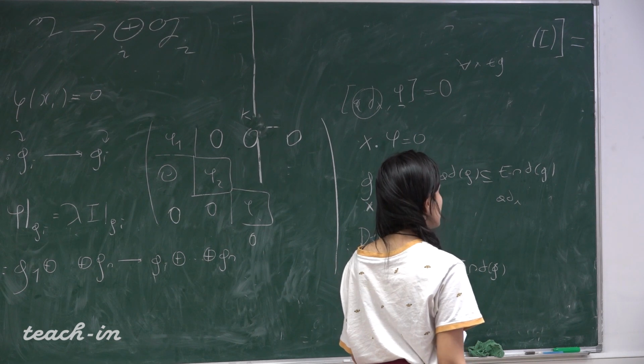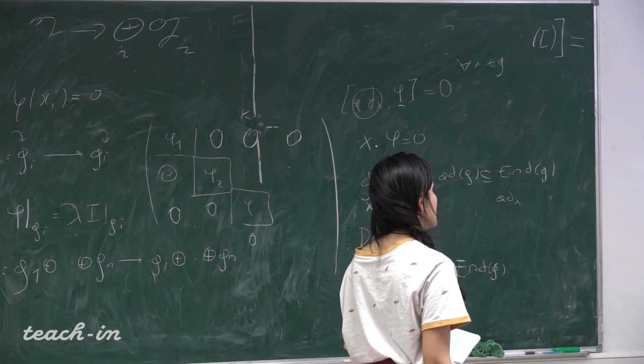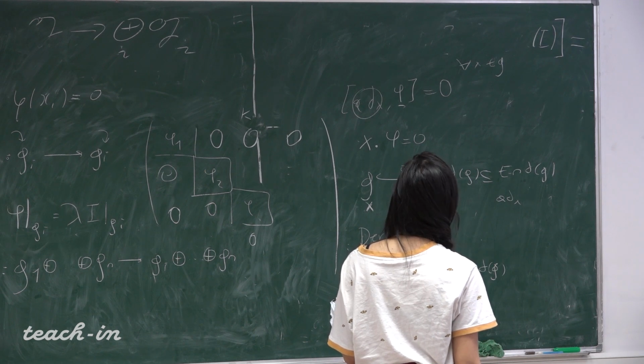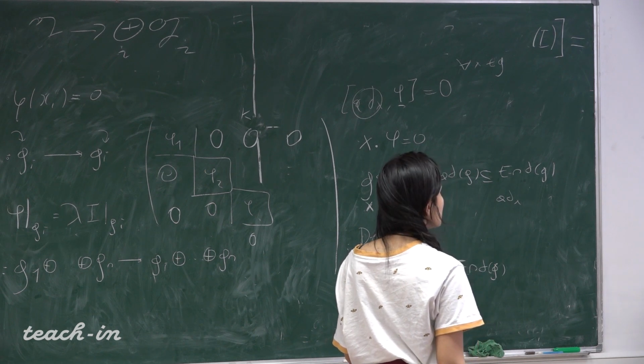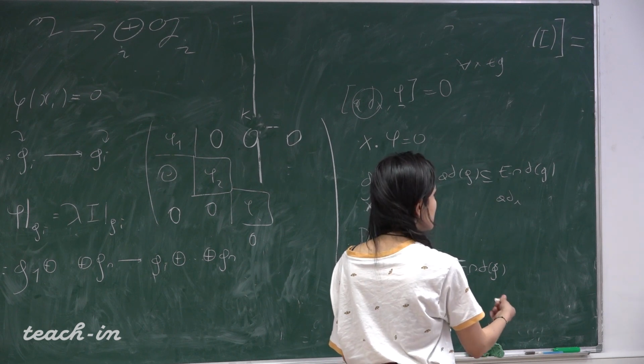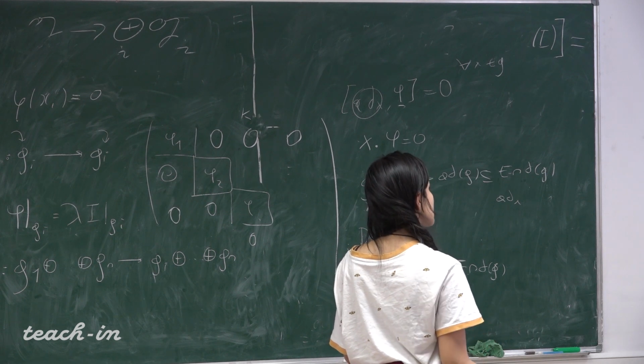G is semisimple, so the center is trivial, sure. So these derivations must be trivial.